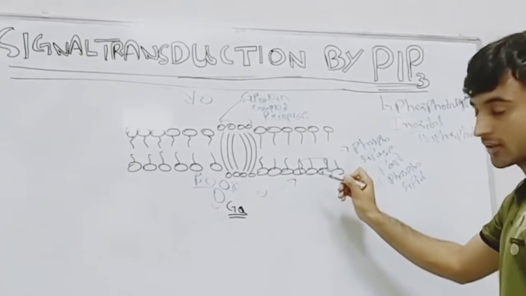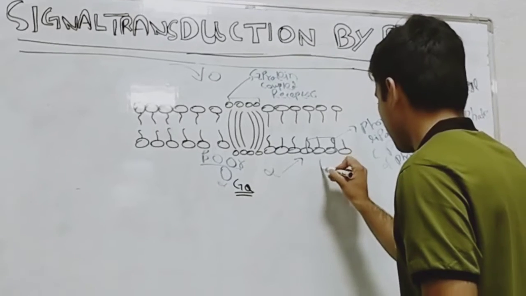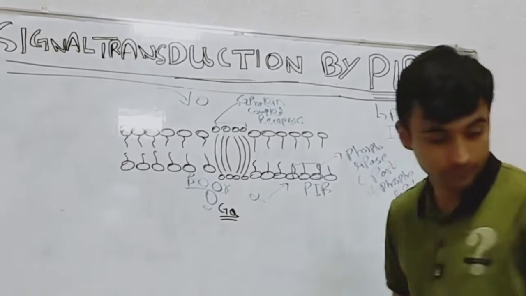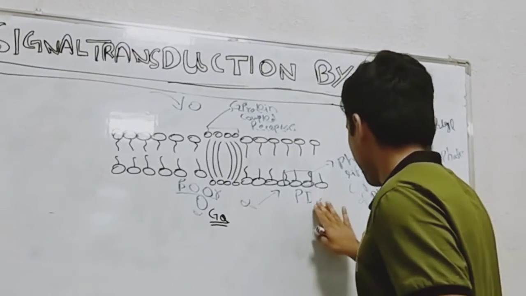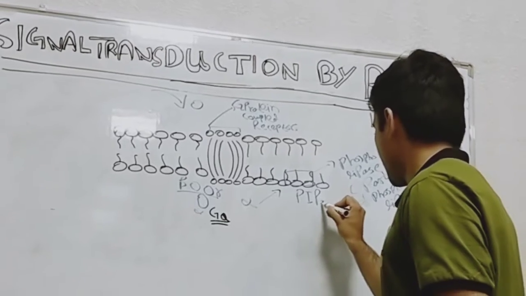This is the cytosolic side of the phospholipids, and in the cytosolic side PIP3, which is the phosphatidyl inositol triphosphate, is present.